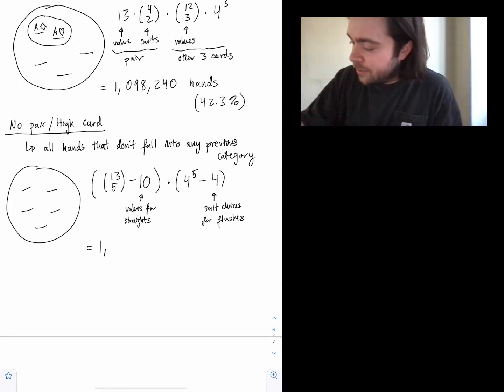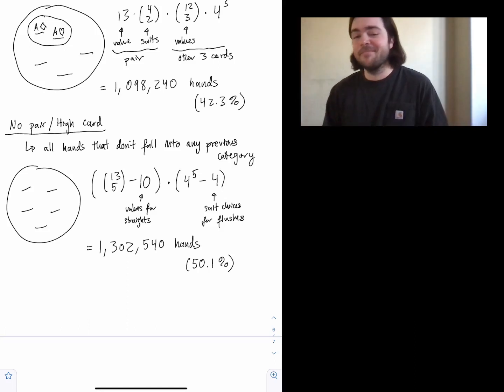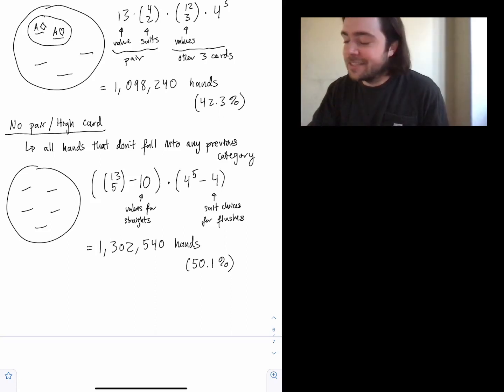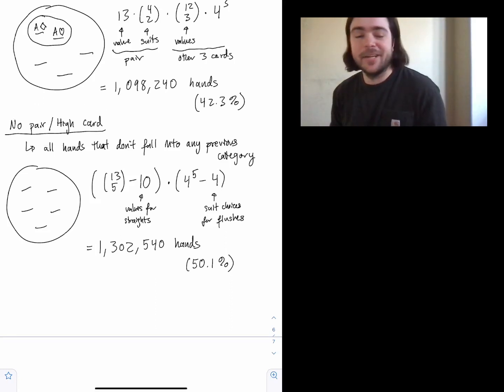And it turns out you get 1,302,540 hands. And it turns out that is 50.1%. So you have a higher than 50% chance of getting nothing when actually playing this game, which is kind of funny. All of the other categories together add up to less chance than getting nothing, because it would be 49.9 something.